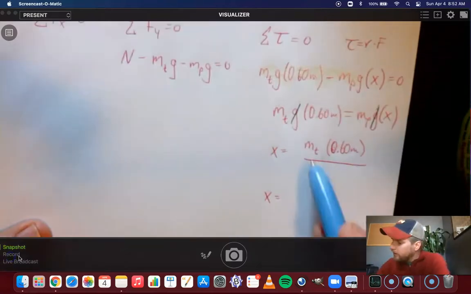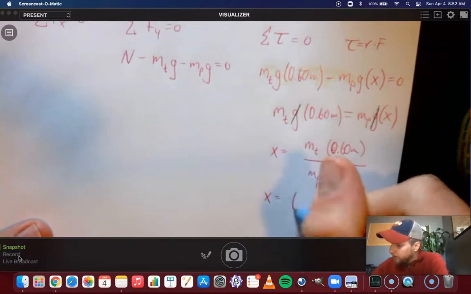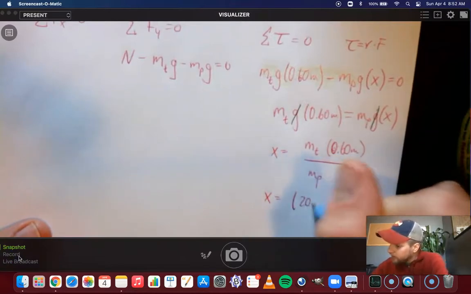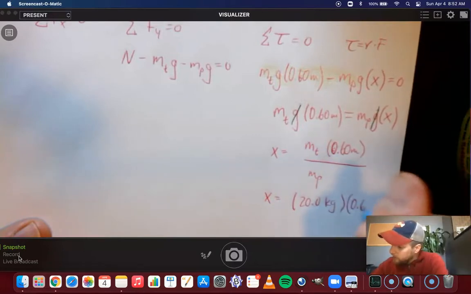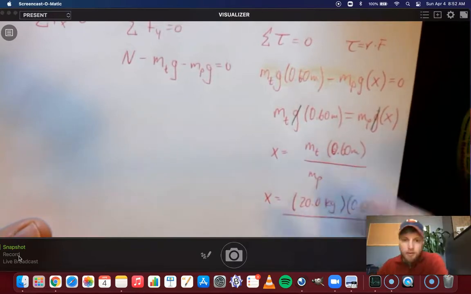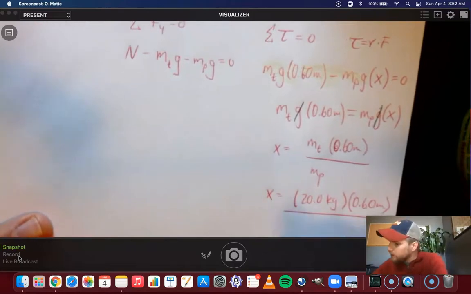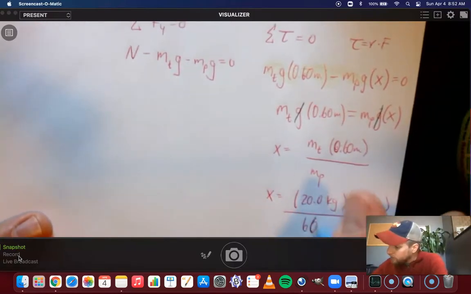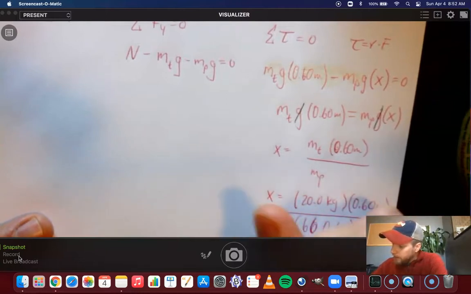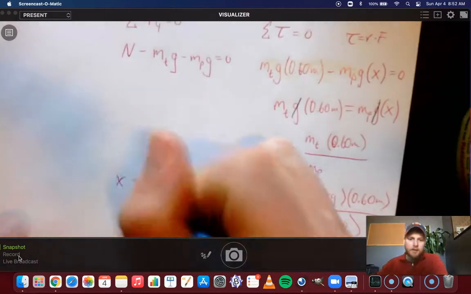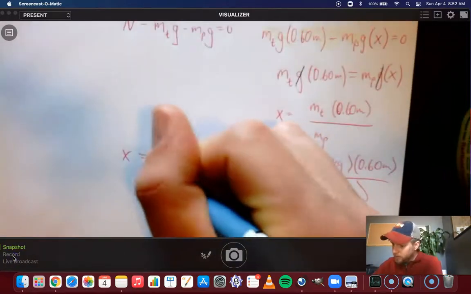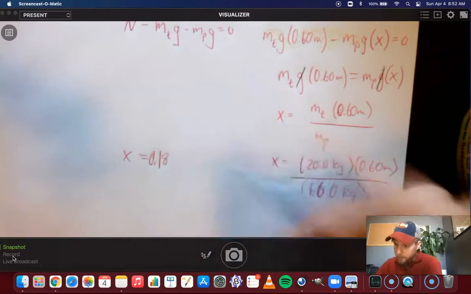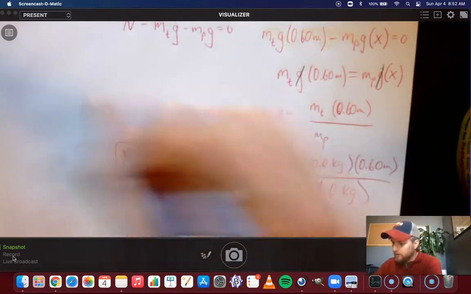So I've just rearranged that, and I'm going to now plug in the mass of the table, that's 20 kilograms, times 60 centimeters, divided by the mass of the person, which is 66 kilograms. And we end up with the distance x being 18 centimeters, 0.18 rounded, that's about what it is, meters.